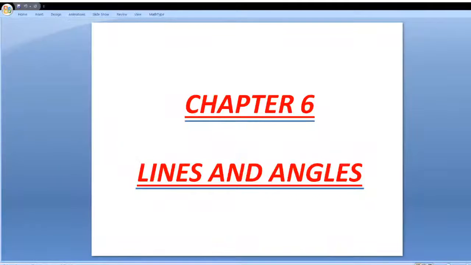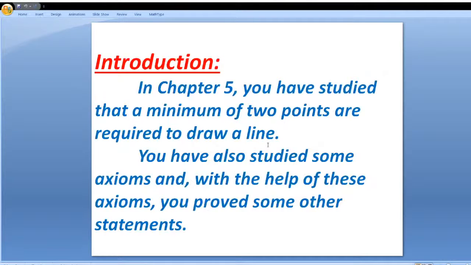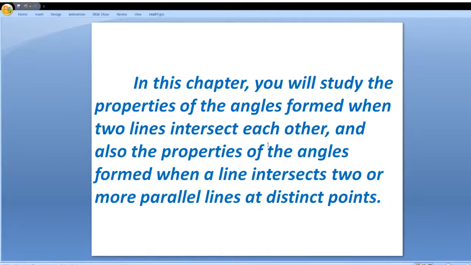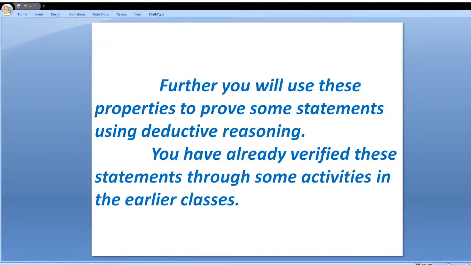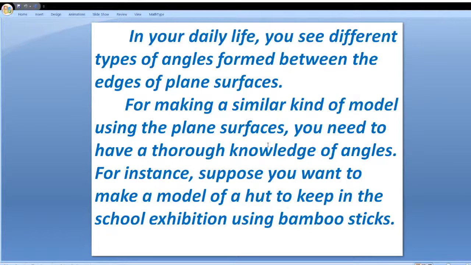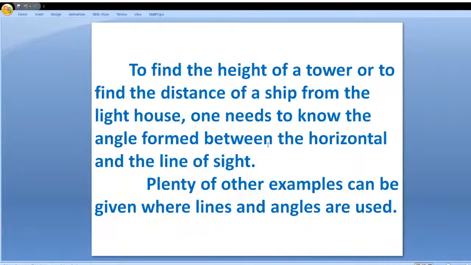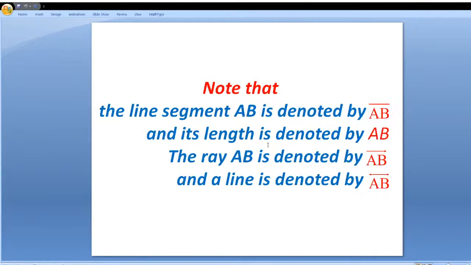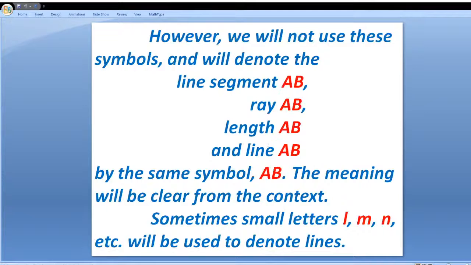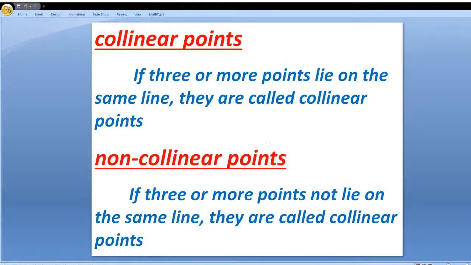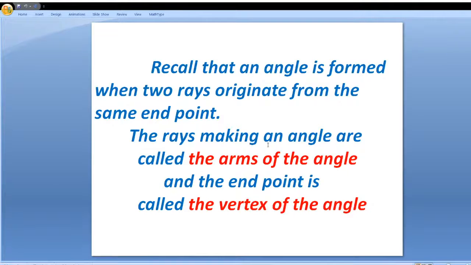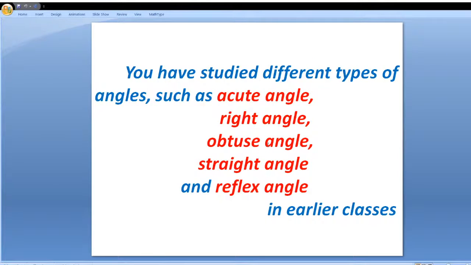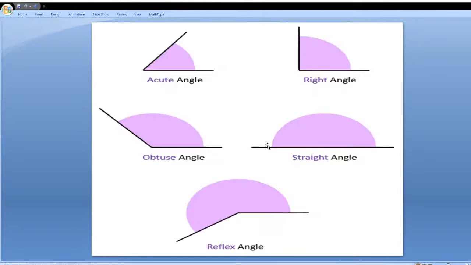In chapter number 6, lines and angles, we have just introduction about the chapter, how important lines, two different lines, intersecting lines and angles, and basic terms and definition, line segment, length, rays and line, and then collinear point, non-collinear point, and the arms of angle, vertex of the angle, acute angle, right angle, obtuse angle, straight angle, reflex angle, and these are figures of different types of angles.